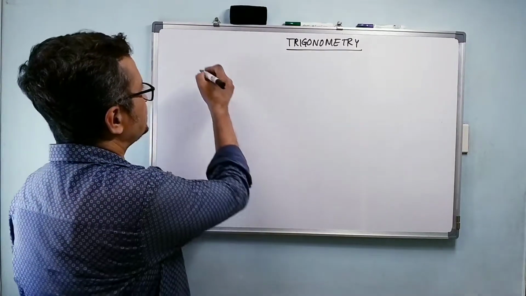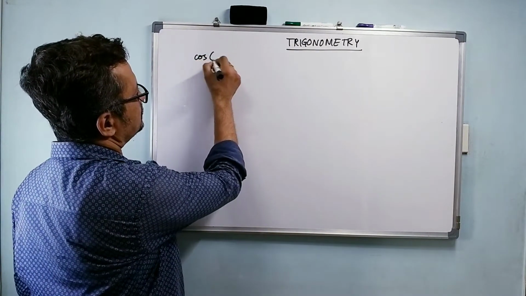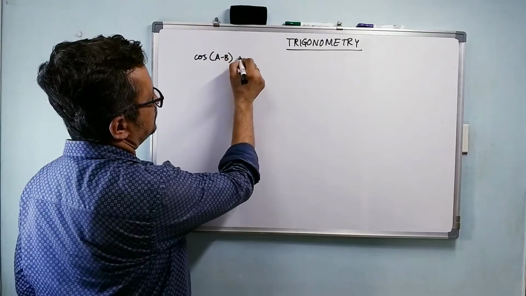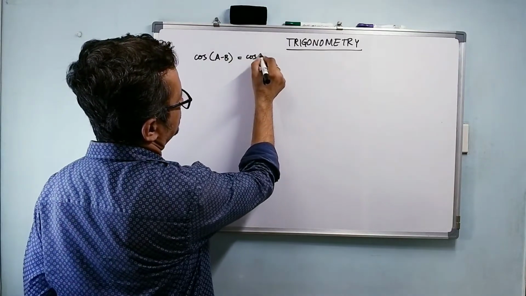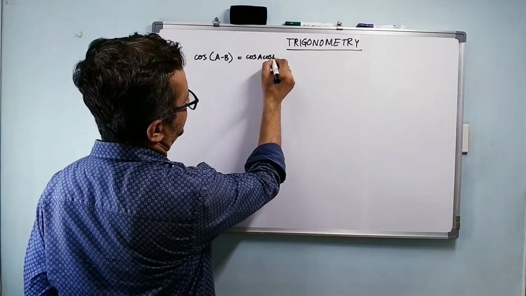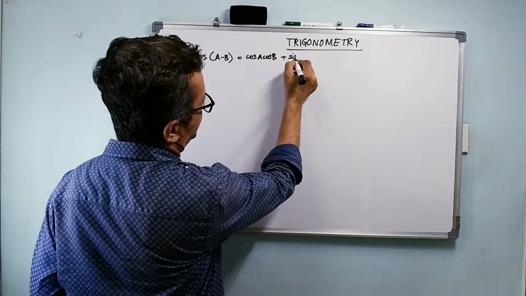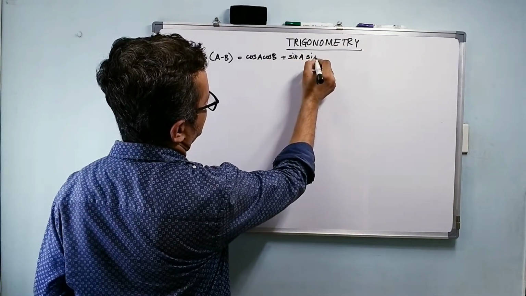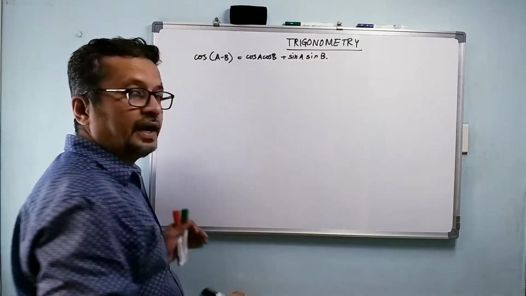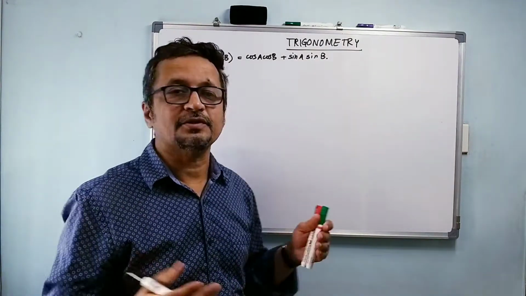So now we have cos of a minus b is equal to cos a cos b plus sin a sin b. I want to find cos of a plus b.